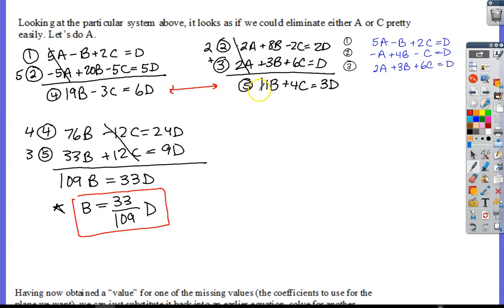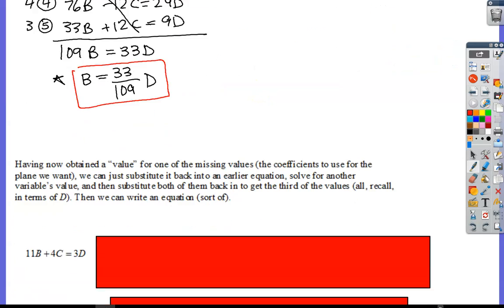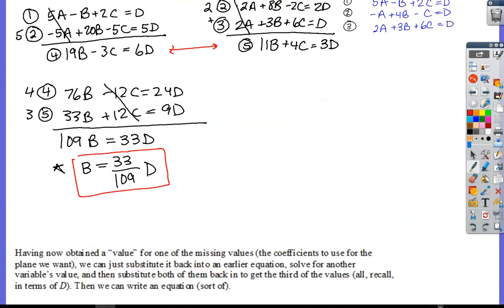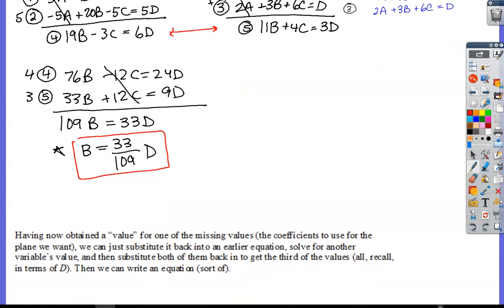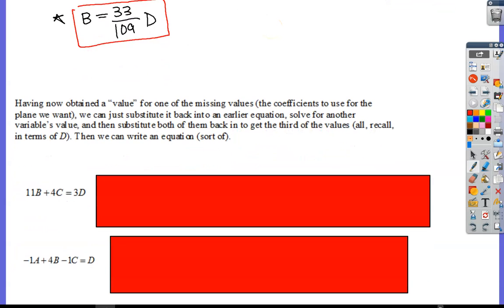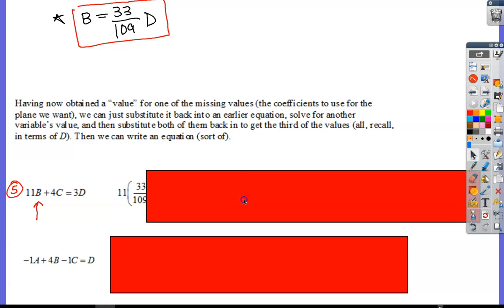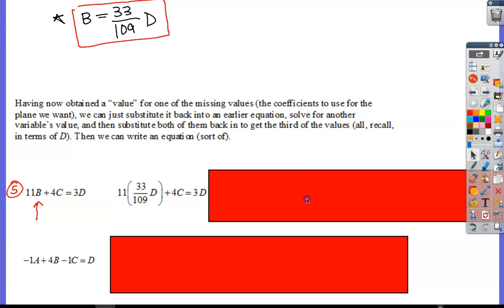I think I picked to plug it into, let's see, yeah, number 5. So take a look at what I'm going to do. I'm going to take one of these equations and plug the b back in. This was equation 5, and I'm going to replace the b with the 33 over 109d. So see how I'm plugging that in.